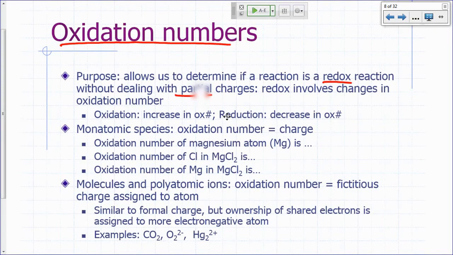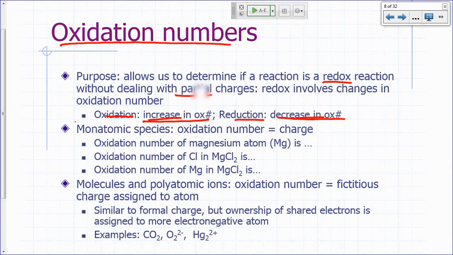In general, we examine our reaction and look at the oxidation numbers, and if we see that a particular atom has an increase in oxidation number, then we say it's oxidized. And when you see a decrease in oxidation number, then it must be reduced. So increase in oxidation number is oxidation, decrease in oxidation number is reduction.